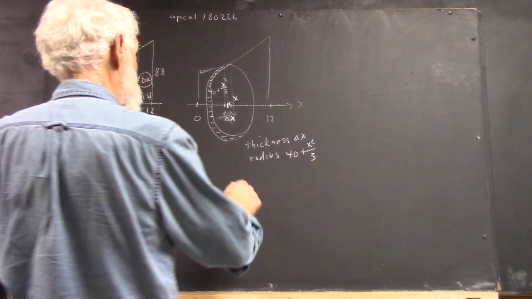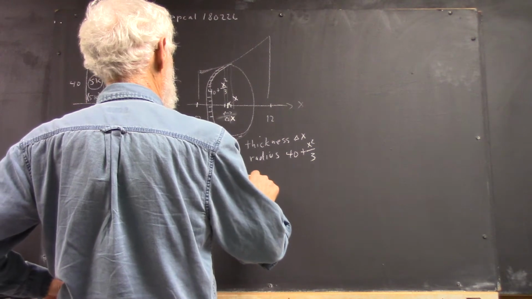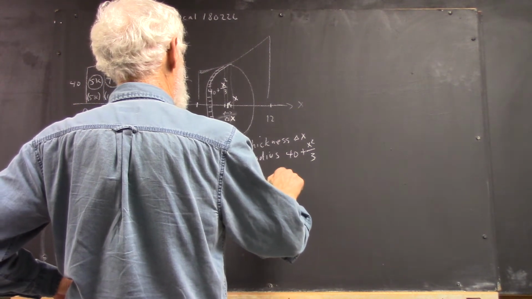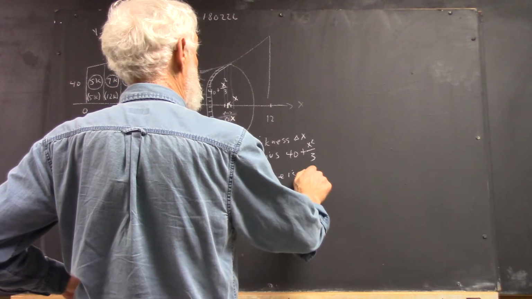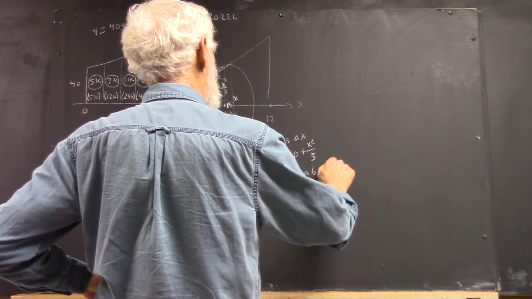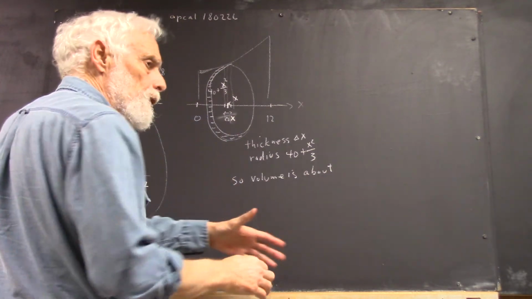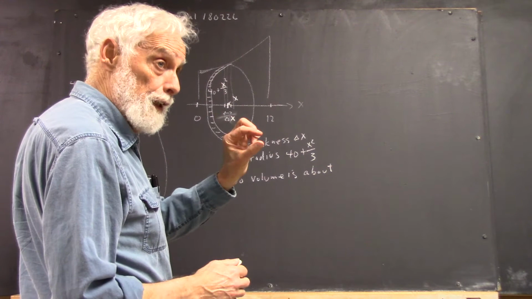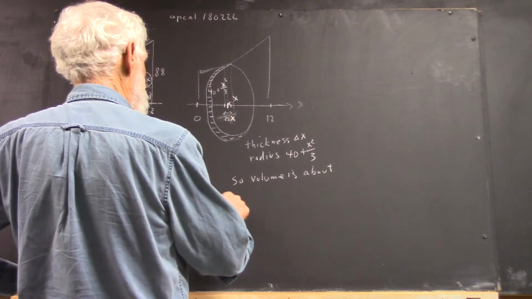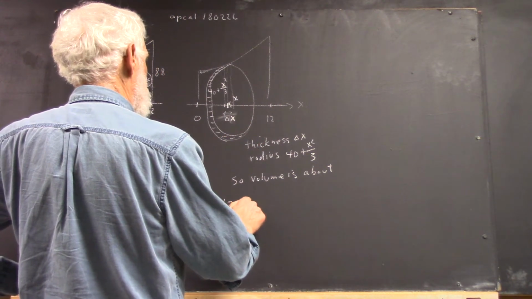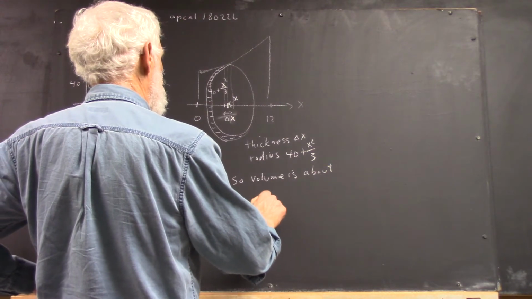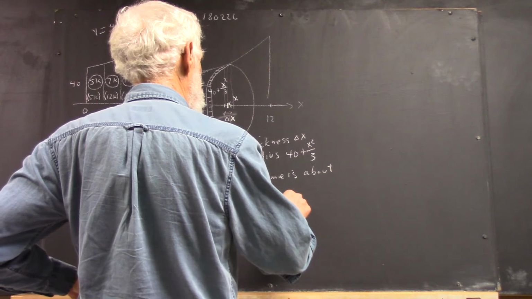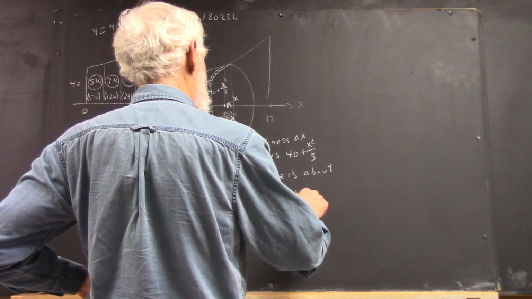So its volume is about, well, we'll use the expression that we had for a disk of radius r and thickness h. I'm going to say cross-sectional area times thickness.